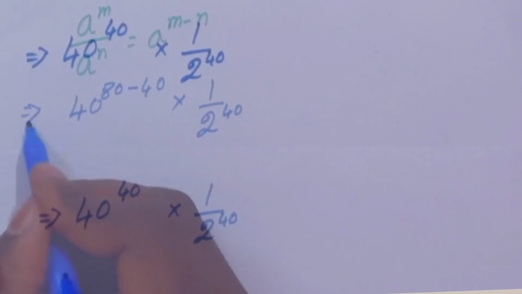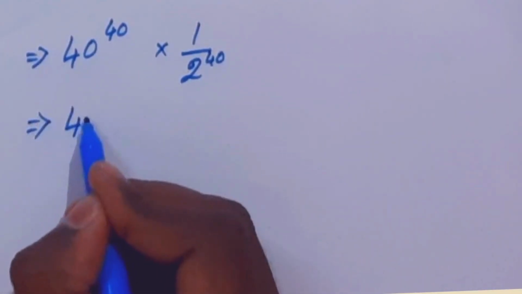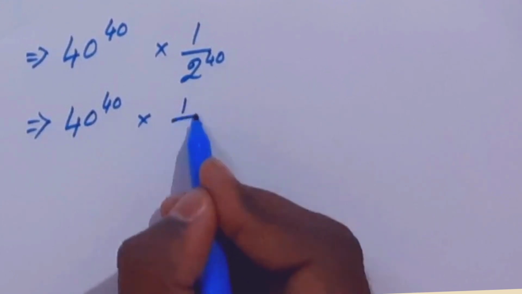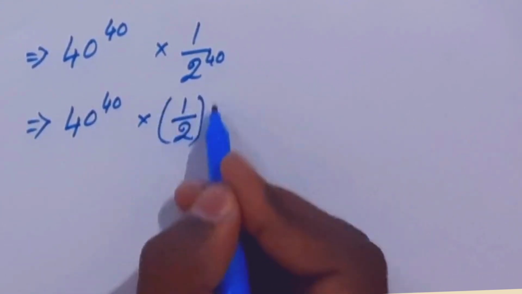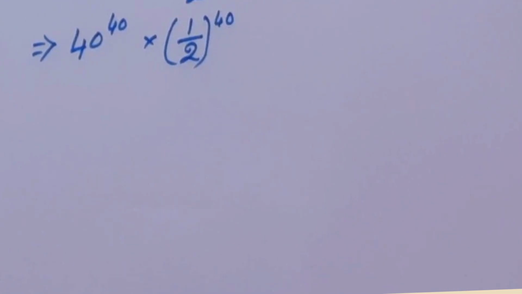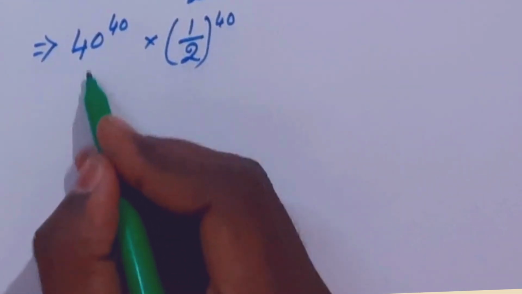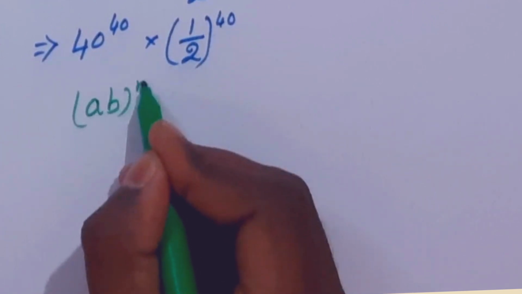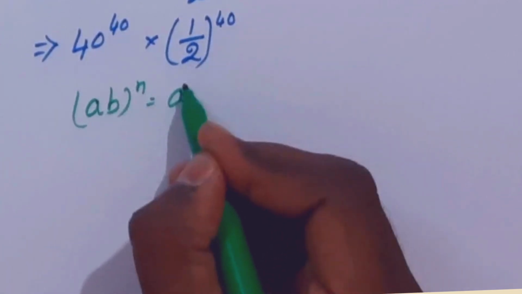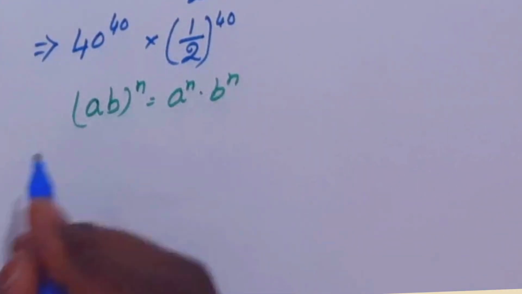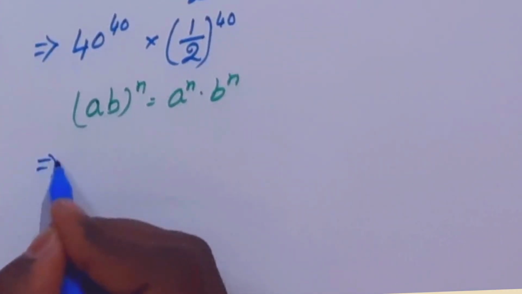This can be written as 40^40 times (1 by 2) whole power 40. Now this looks like a^n times b^n equal to (a times b) whole power n. So we are going to change this.